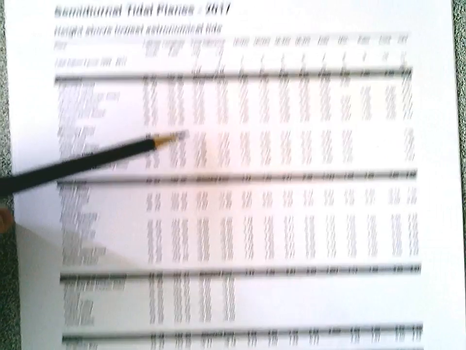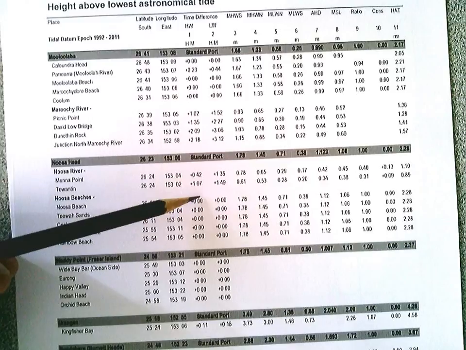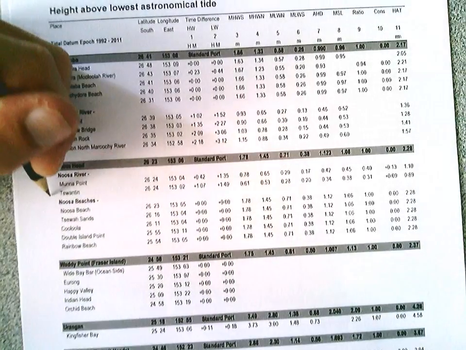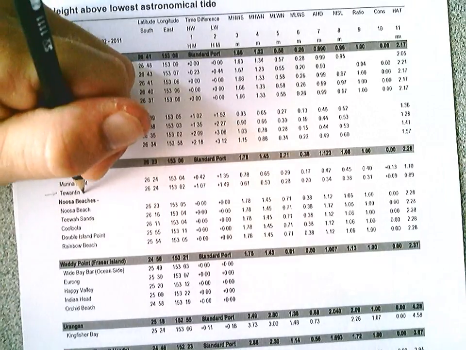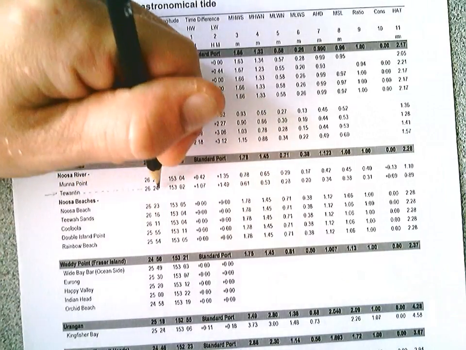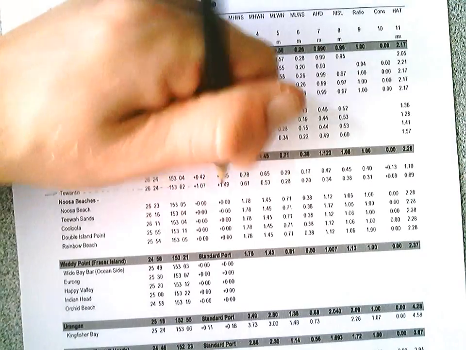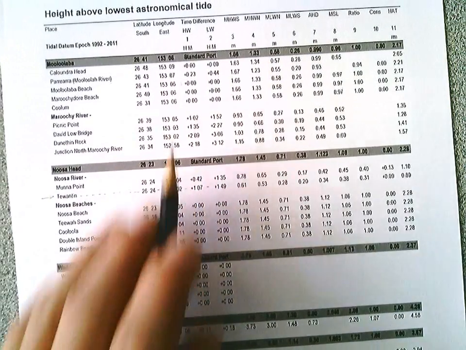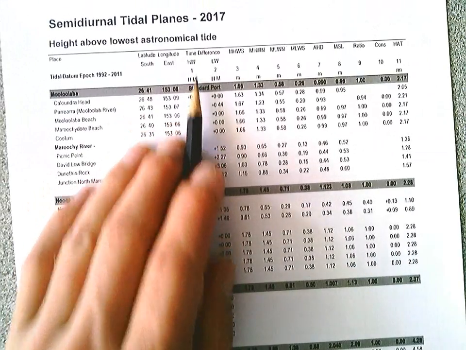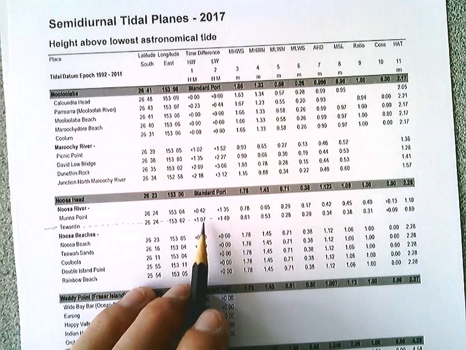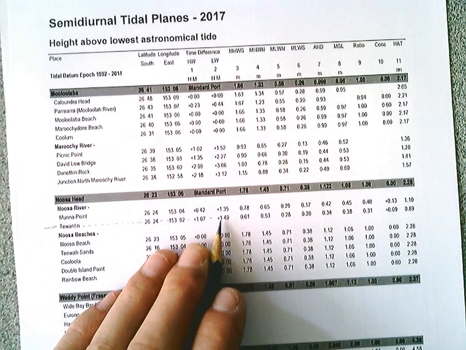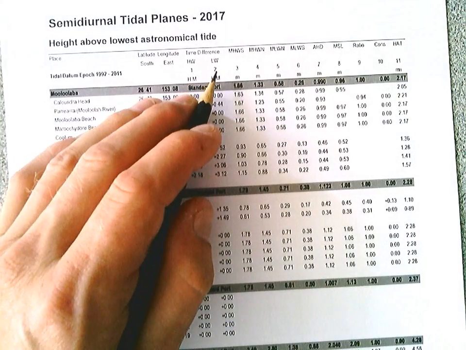If I scroll down to Tewantin, which is right here, dotted line between all these bits of information, you'll see that I've got a plus 107 for a high water, which means I have to add 1 hour and 7 minutes to every high water, and I have to add 1 hour and 49 minutes to every low water.